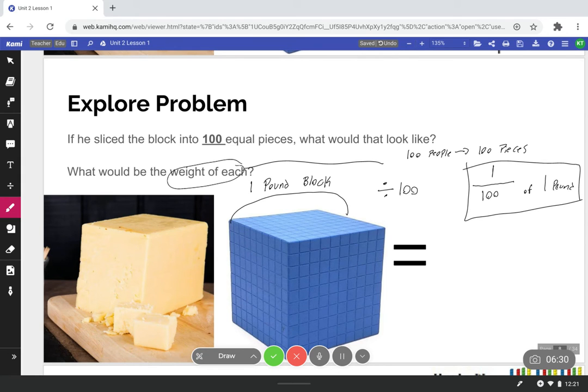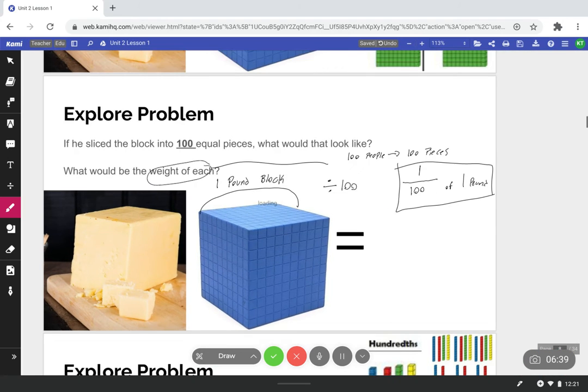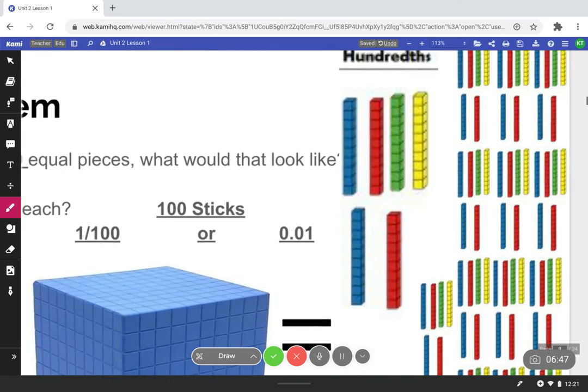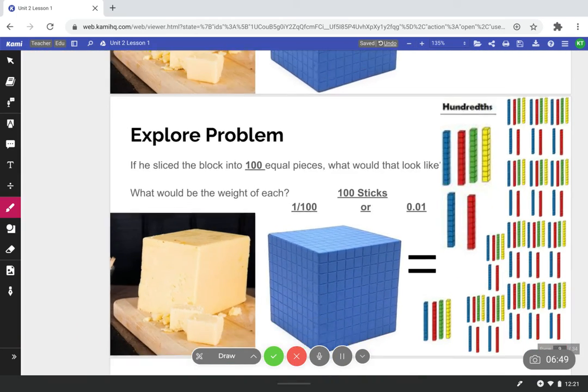So each person would have 1/100ths of the pound. They would have 1 out of 100. Because remember, there's 100 total pieces and each person gets 1. So this is what it would look like. We would get these cheese sticks.